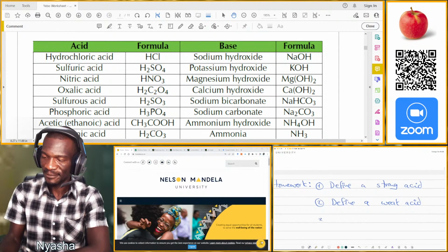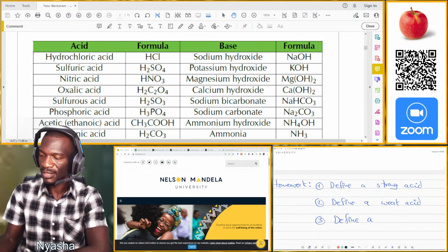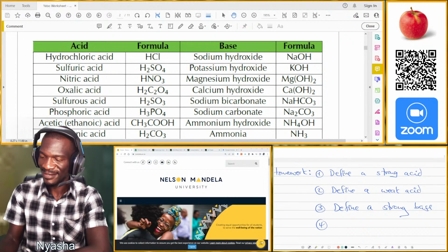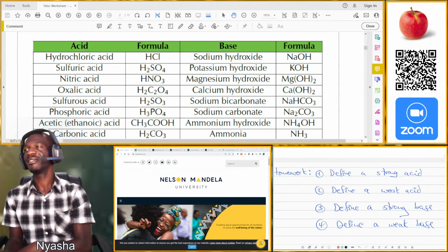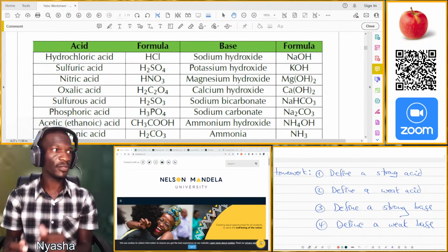Number 3, what is a strong base? And what is a weak base? Okay, so go for these definitions.